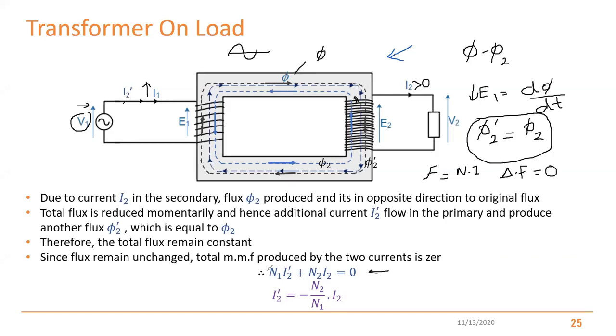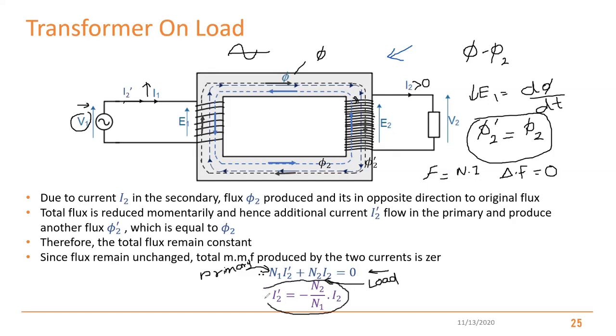This is the magnetomotive force in the primary due to the additional current, and this is due to the load current. This is produced by the primary due to the additional current flow caused by this voltage drop. Therefore you can obtain the equation like this.